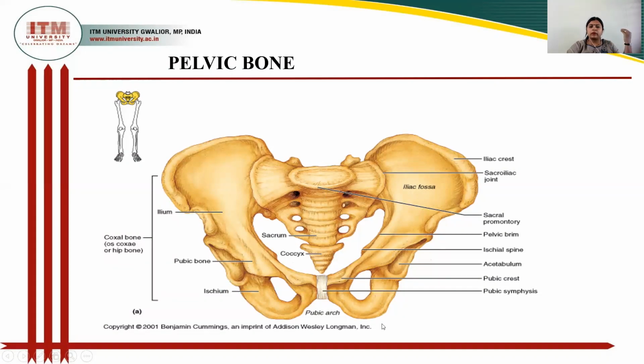Then this is the brim. The rounder part of the pelvis is the pelvic brim. There are the ischial spines, the acetabulum, where the head of the femur is sitting, the pubic crest, and the symphysis pubis. This is the overall front picture of how the pelvis looks.